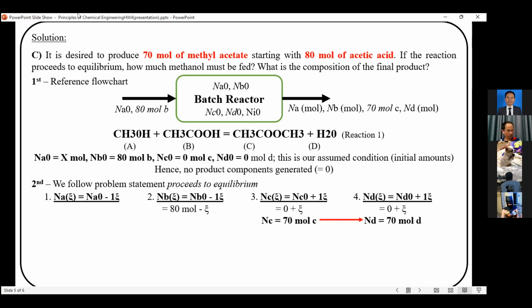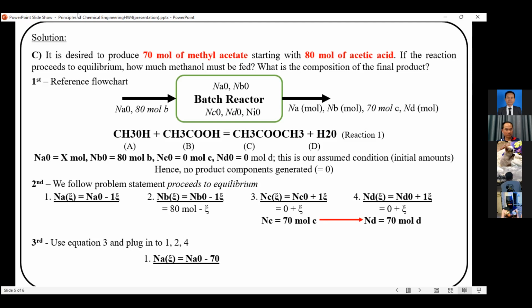Since the metal acetate is equal to 70 mole, and we have already found number 3 as 70 mole, then ND is also equal to 70 mole because it is also assumed that ND0 is equal to 0.